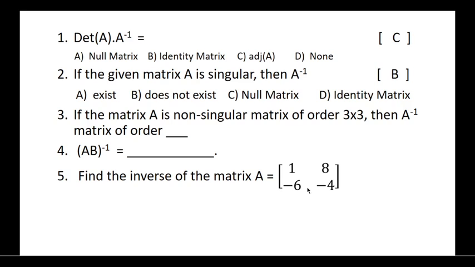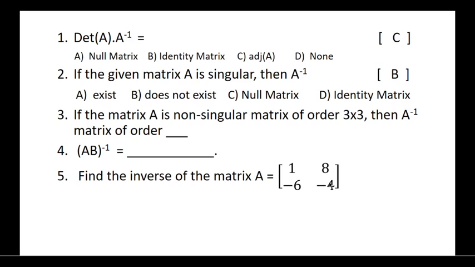Next, the cofactor of minus 6. This minus 6 lies in the second row, first column. So minus 1 whole to the power 2 plus 1 into its minor 8, that is minus 1 whole cube into 8, becomes minus 8. Next, the cofactor of minus 4.